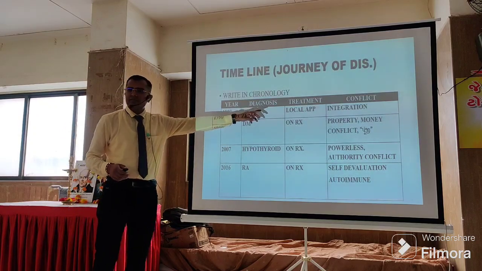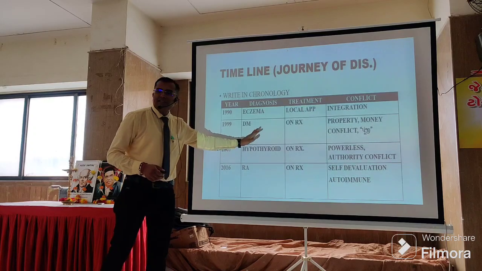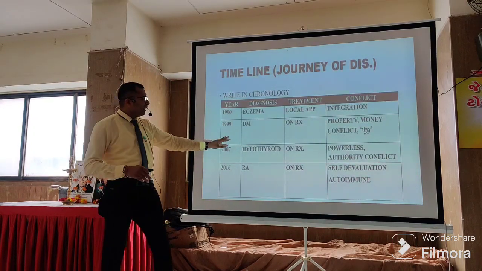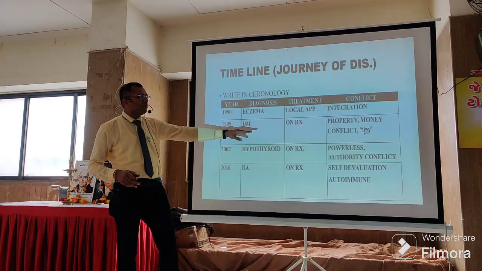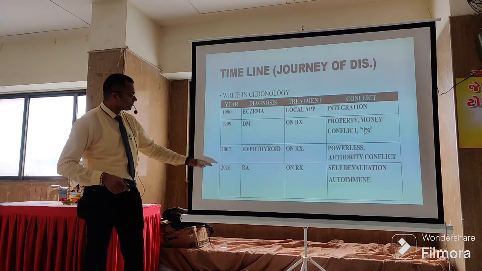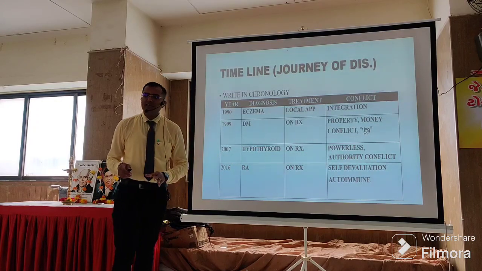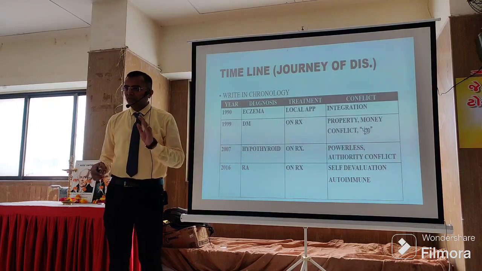So you have to find out certain integration. Then there is diabetes in 1990. This is for general cases, but you have to write this in each and every case. Diabetes, now on treatment. Diabetes is related to property, money conflicts, the powerhouse. Okay. In 2007 there is hypothyroid on treatment. So hypothyroid means there is a powerlessness, an authority conflict there. You have to find out.